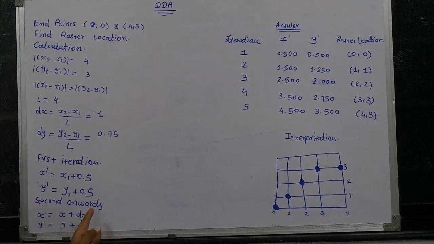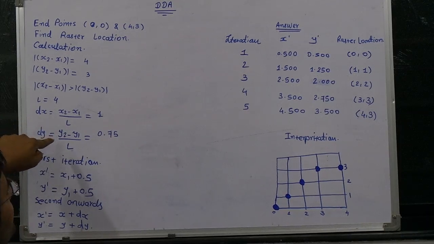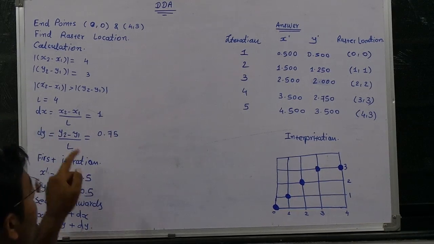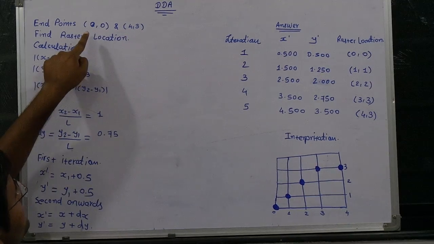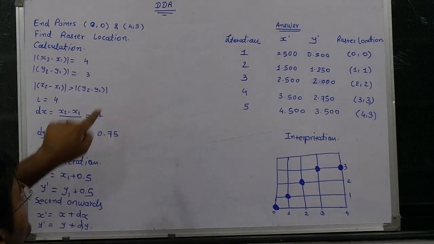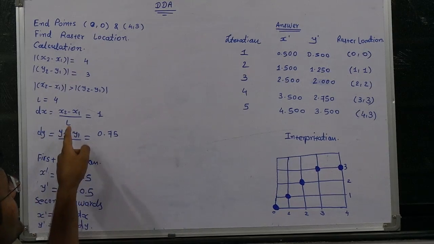So generally the question asked is what is dx and what is dy. So let's see, dx is equal to x2 minus x1 divided by L and dy is equal to y2 minus y1 divided by L, where x2 means 4, x1 means 0, y2 means 3, y1 means 0. That is understood. But what is L?